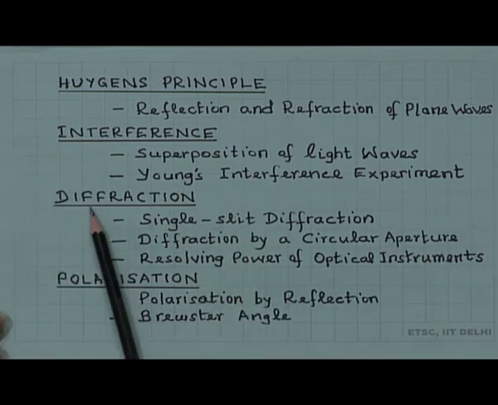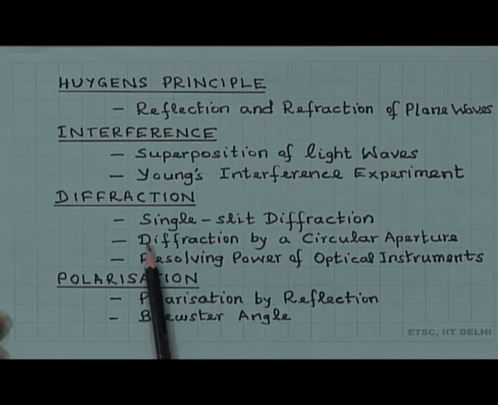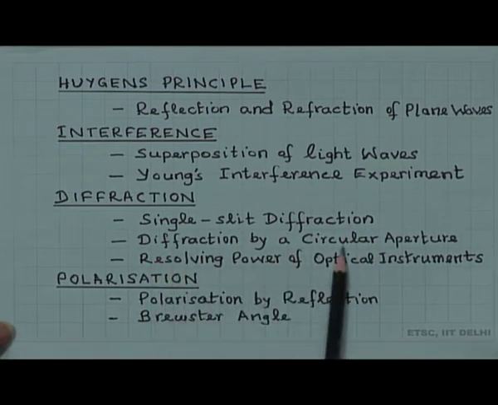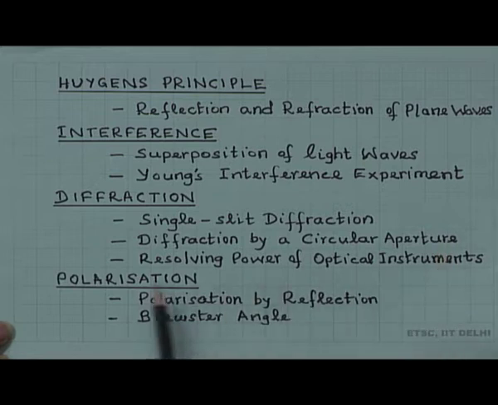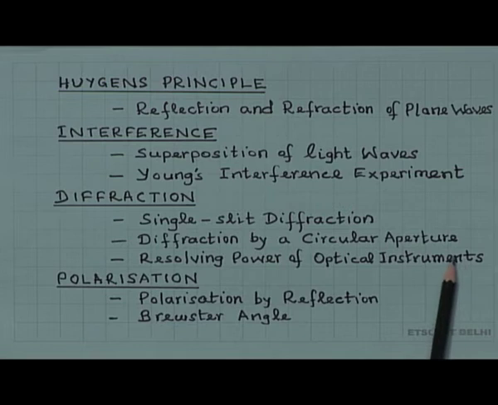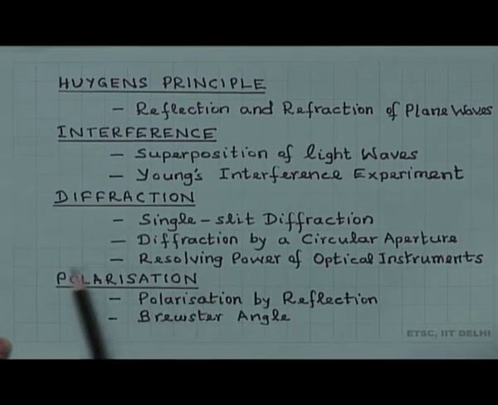Then we will move on to diffraction, where we will describe single slit diffraction, diffraction by a circular aperture, and we will also discuss the resolving power of optical instruments. And then finally, we will come to the concept of polarization of light.